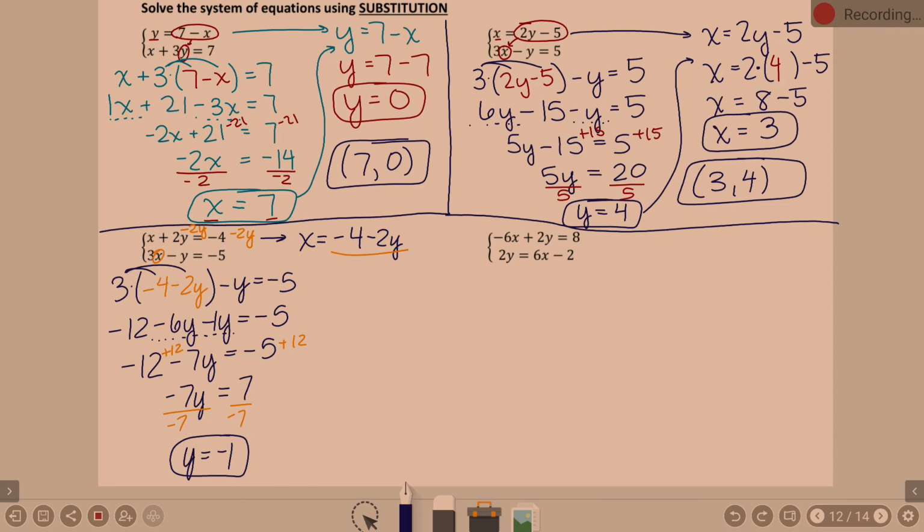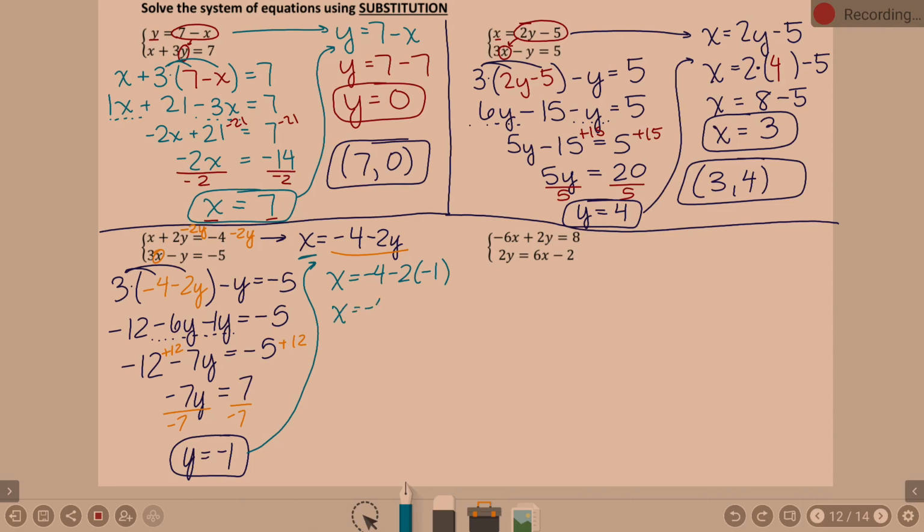Now what? Take that value and plug it in. I know I say plug it into one of the originals, but folks, wherever your x equals or y equals is. Okay, if you made a mistake in the original solving for x, the mistake's just going to carry through. It's not going to matter at this point. So x equals negative 4 minus 2 times y, negative 1.